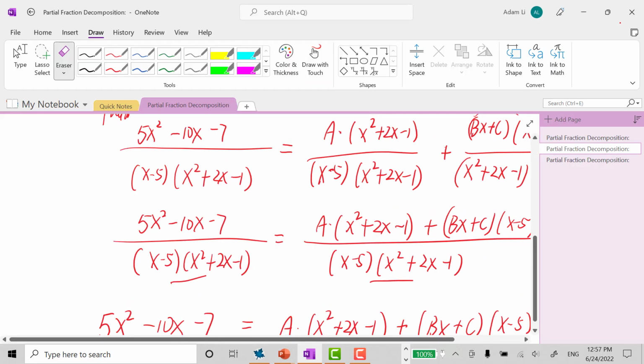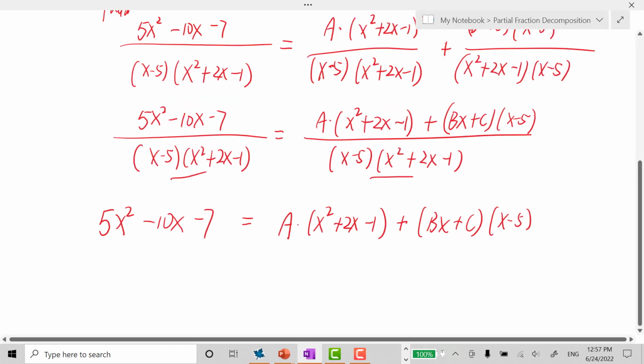Let's start with the first method. If you observe this, when x equals 5, this term basically becomes 0. And that means we only end up with the variable a.